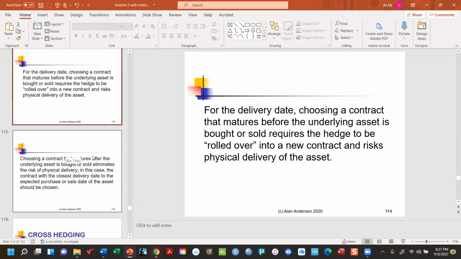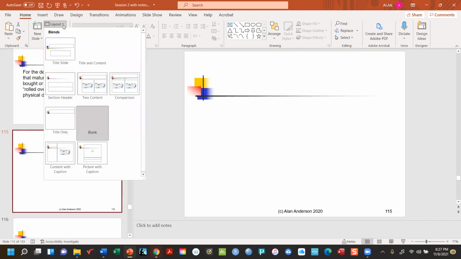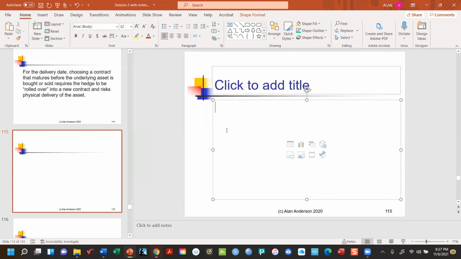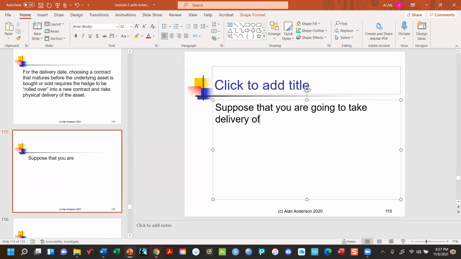So let's say, for example, suppose that you are going to take delivery of 100,000 Icelandic krona. Actually, I'm not sure.